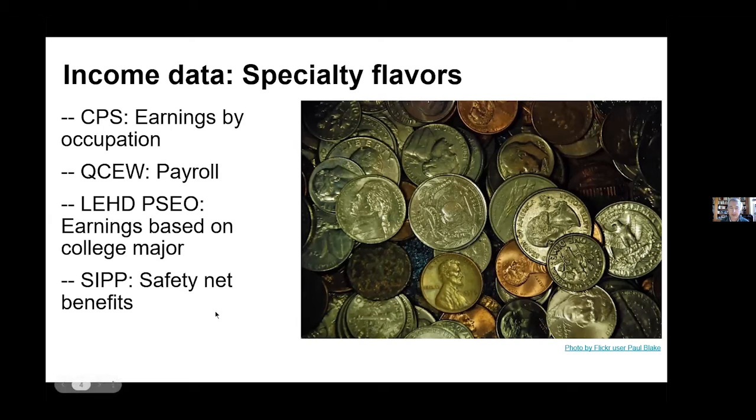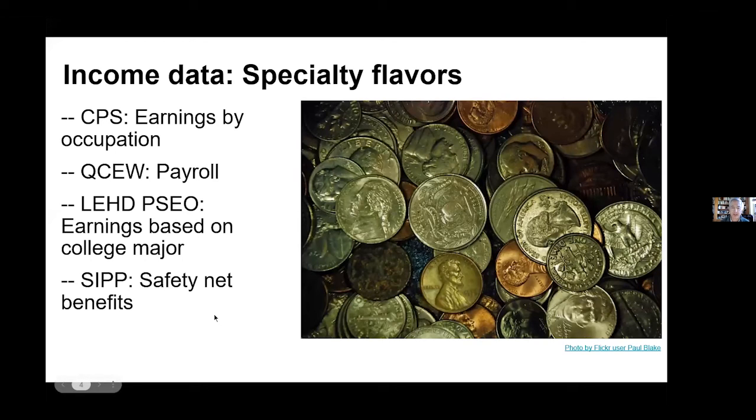LEHD PSEO is a big mouthful, but it's basically a slowly growing program. The Census Bureau is collaborating with states where they're collecting the information of people who graduate from state universities in those states, what college major they graduated with, and then it's tracking their earnings through a collection of earnings information that's reported through the unemployment insurance program that each state runs.